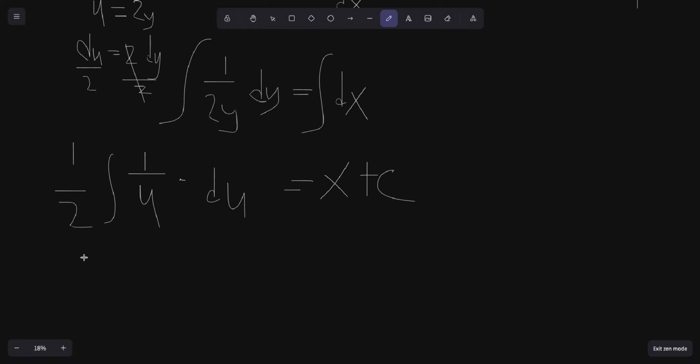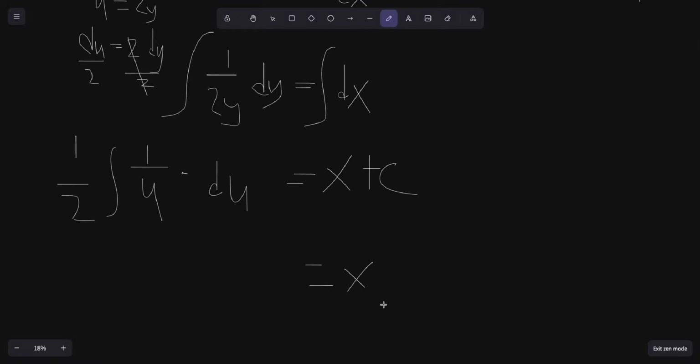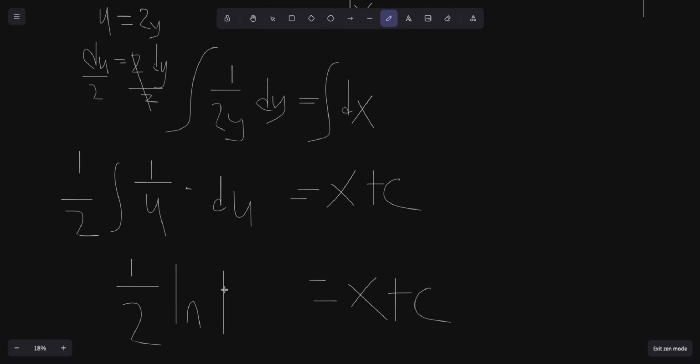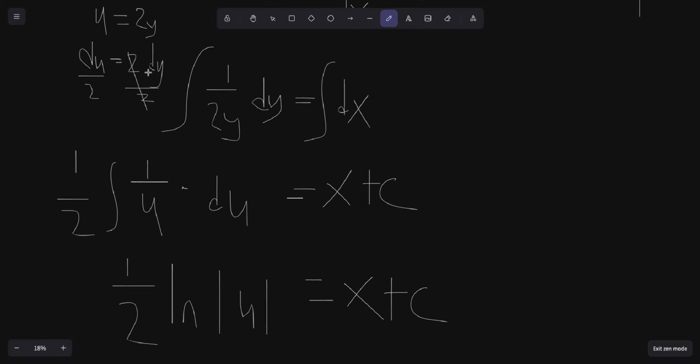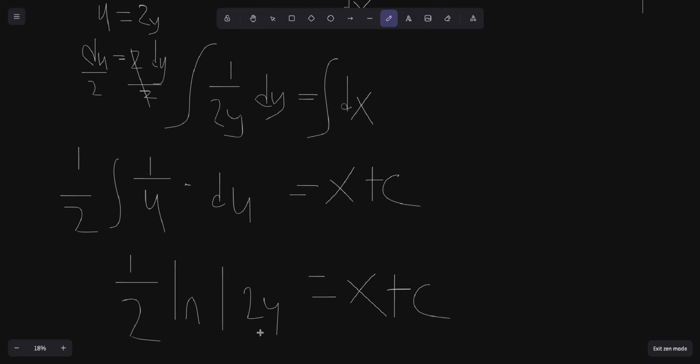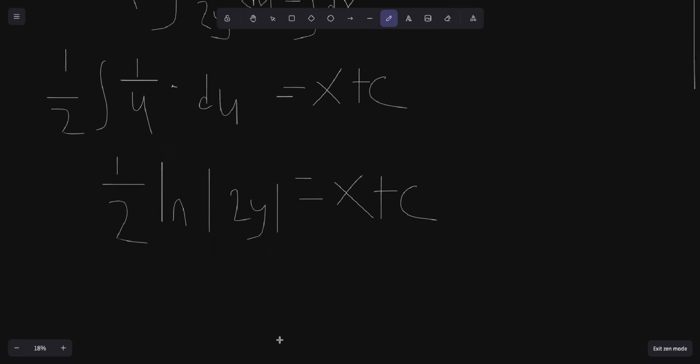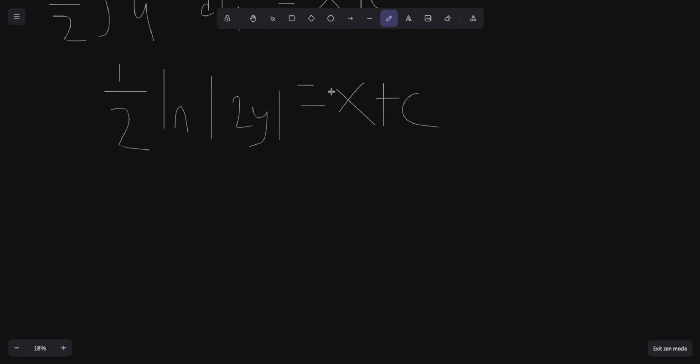And so what we actually get is that x plus c is equal to 1 over 2 times the natural log of the absolute value of, well, remember where we came from, right? This is going to be the absolute value of u, but we know that u is equal to 2y. So it's just going to be the ln of the absolute value of 2y. And so we multiply both sides by 2, and we raise both sides to the power of e. So we actually get that 2y is equal to e raised to 2x plus 2c.